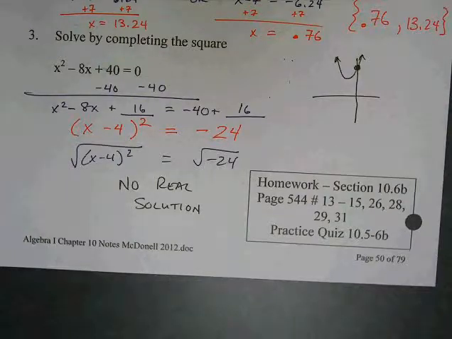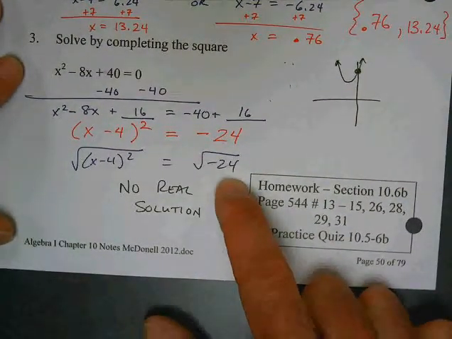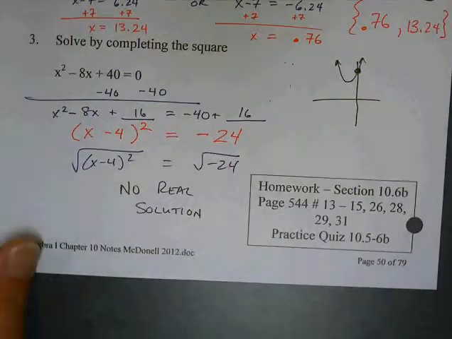So here's a case where you just don't have any answers, and it's good not to have answers. That's a viable solution. So don't get thrown by no real solution. And as Luis said, the indicator of that will be the square root of a negative. Be aware, though, it's not going to happen often. This is a rare answer. It will happen sometimes, but not a lot of the time.